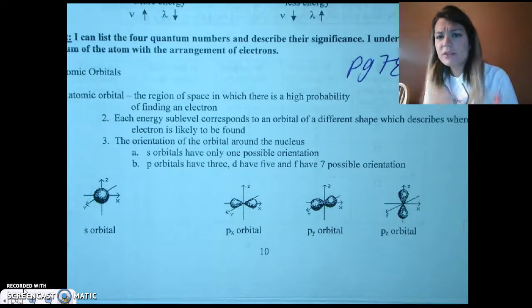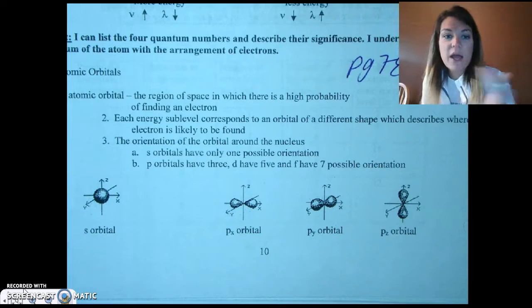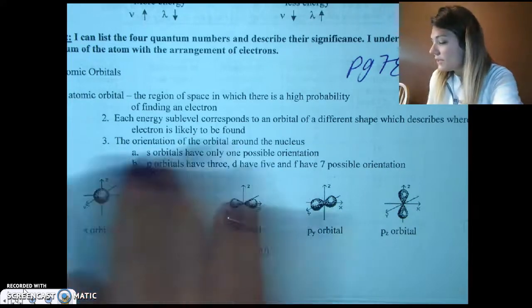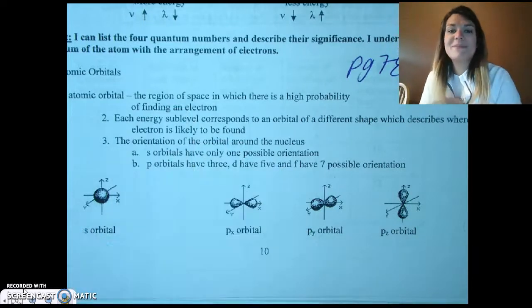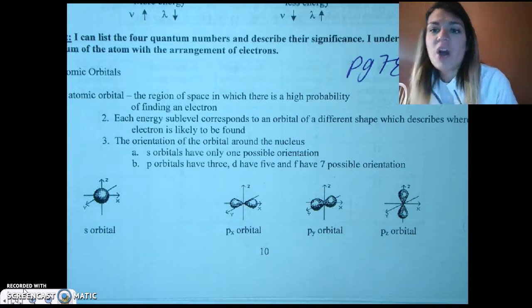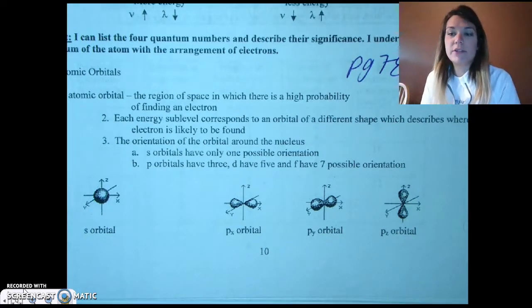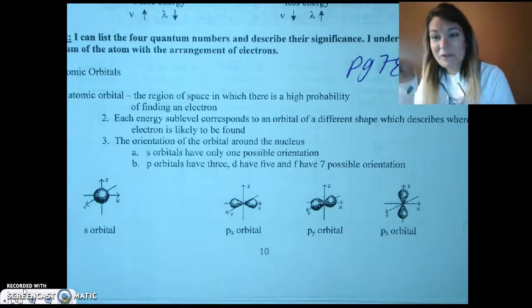Okay, so let's talk about what it means for something to be an atomic orbital. If you look in your notes, an atomic orbital is a region in space in which there's a high probability of finding an electron. We're no longer talking about the electron being on a nice little orbital path.